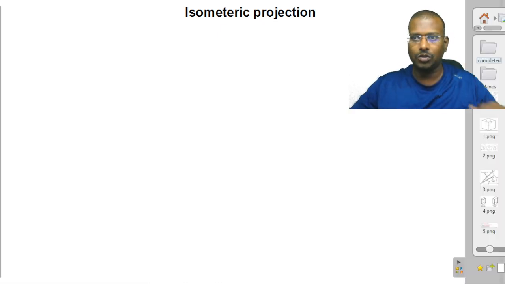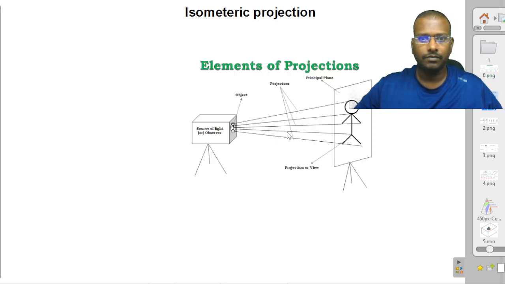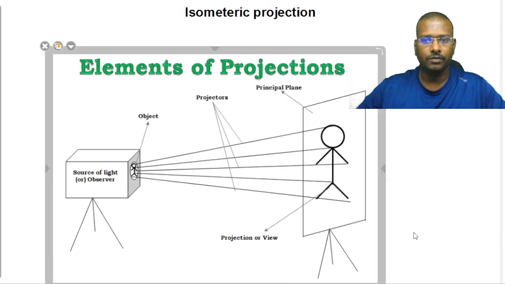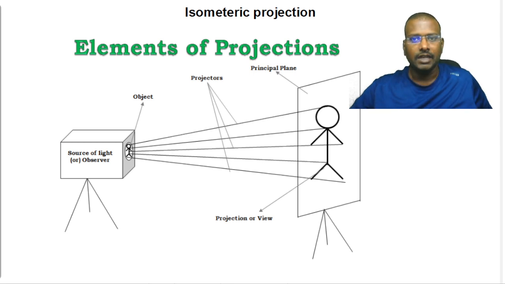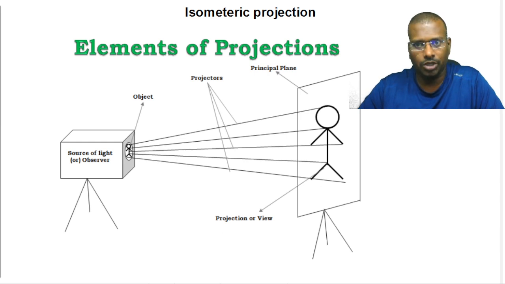We are already aware that projection is nothing but a shadow which is obtained by sending the rays. I hope in the previous videos you have already come across this. So whenever the object is placed in front of the source of light, the rays will fall on the object, and the rays that travel are called projectors.